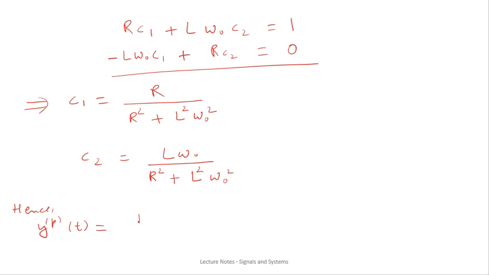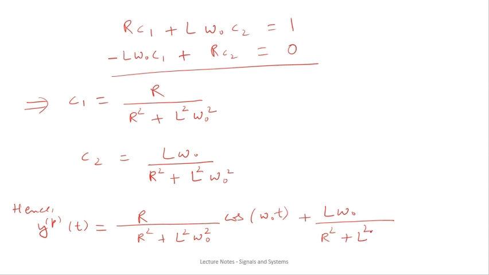It can be written as R over R square plus L square omega naught square, cos omega naught t, plus L omega naught over R square plus L square omega naught square, sin omega naught t.